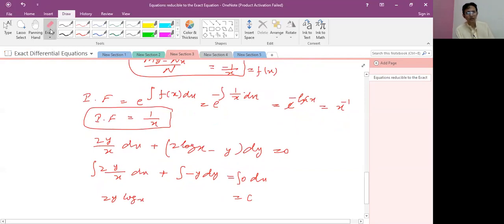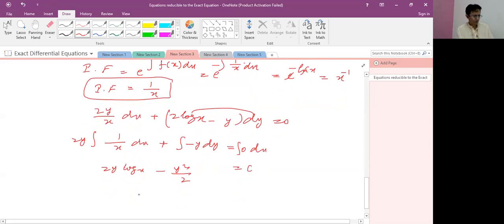If you write on the right hand side, the integral of dx upon x gives 2y log of x. Because the other term has no x, we skip it, and minus y square upon 2.